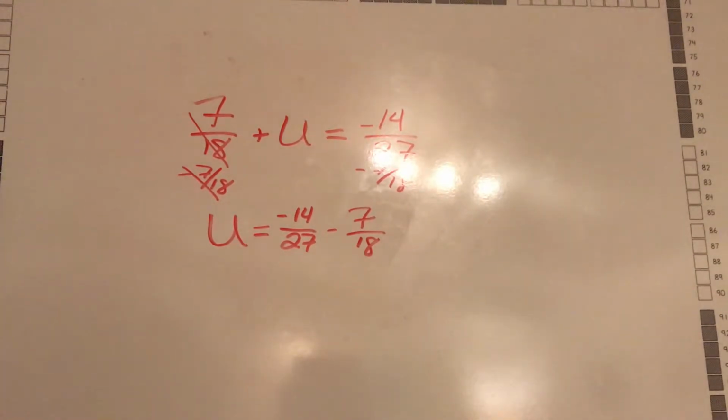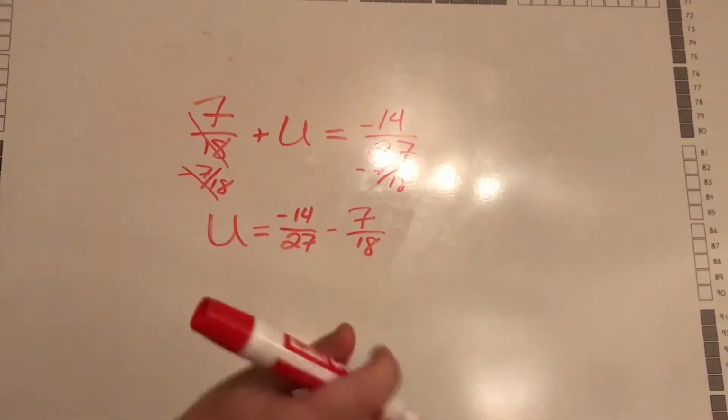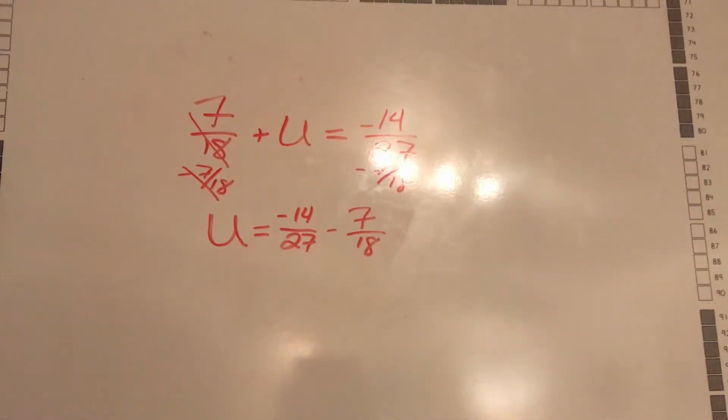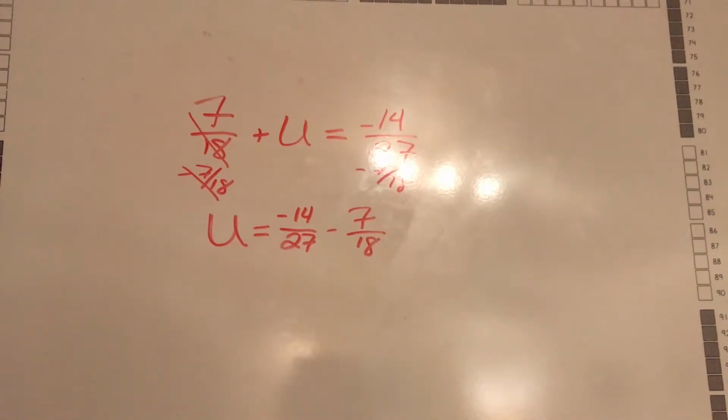Our denominators are not the same. So we need to find a number that both of these numbers go into. Turns out that number is 54. So 27 goes into 54 twice.